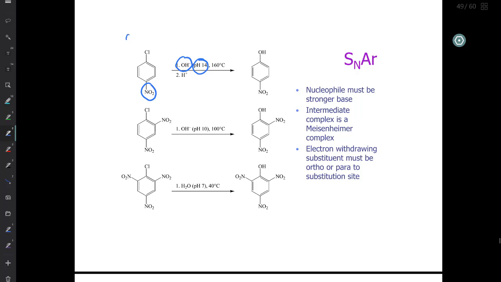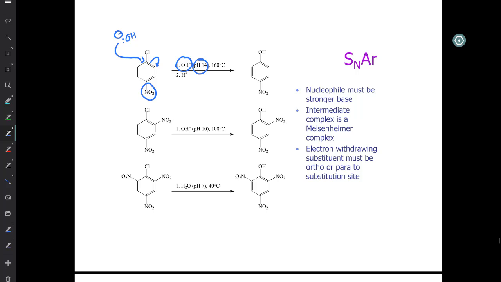The OH group comes in here like this and forms an intermediate, which then, when the base comes and removes a proton, kicks the chlorine off and leaves the OH group behind because the OH is the stronger base of the two.